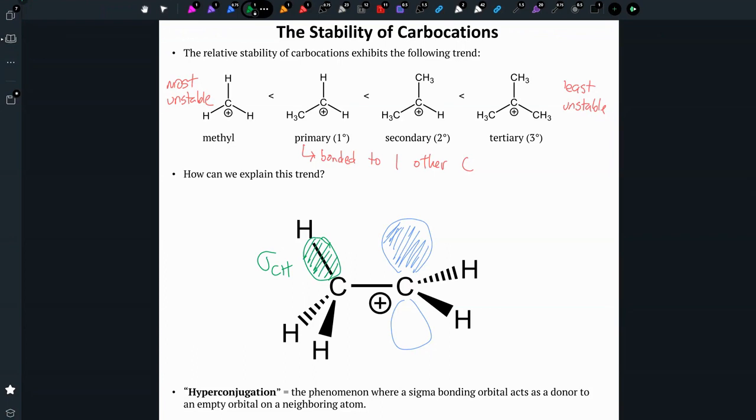At any point in time, that neighboring carbon's tetrahedral, so at any point in time, one of those three CH bonds can align itself with the empty p orbital. So in this case, I've drawn one of them aligned up here on top. And so we can have some electron donation from the sigma CH orbital into the empty p orbital.